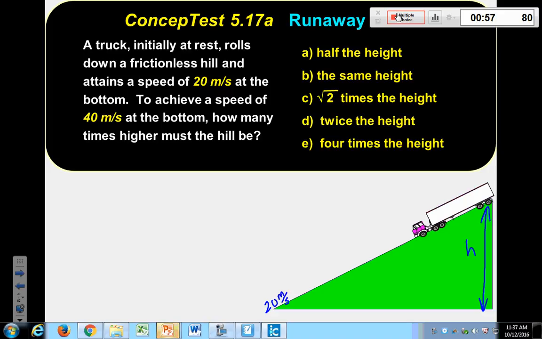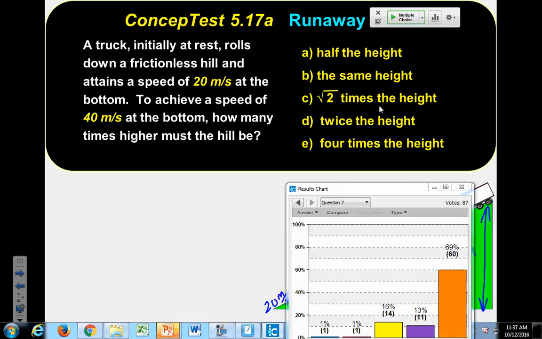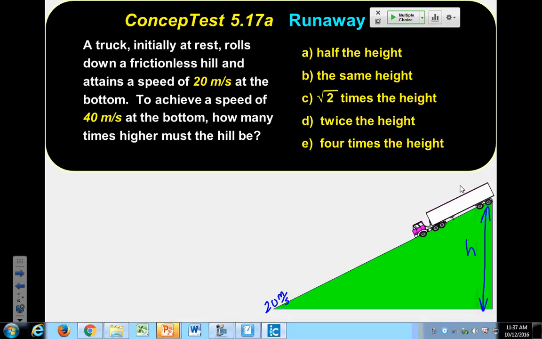All right, let's stop at 105. These are tricky, but you'll probably have some like this on the test. So E is right. At the top, he has mgh. That's his energy. At the bottom, he only has 1/2 mv squared.